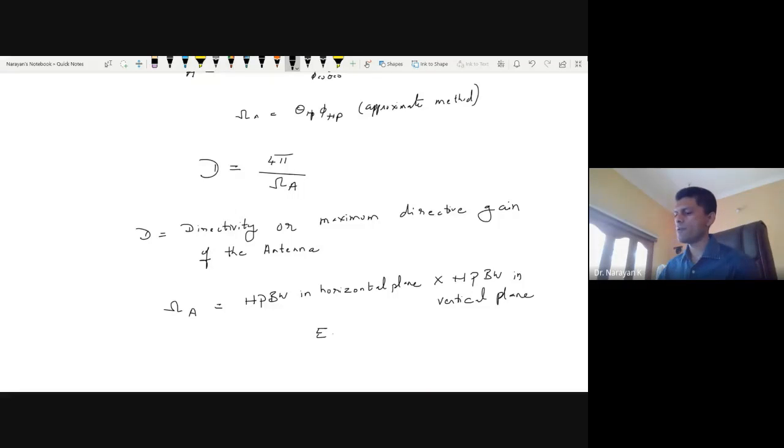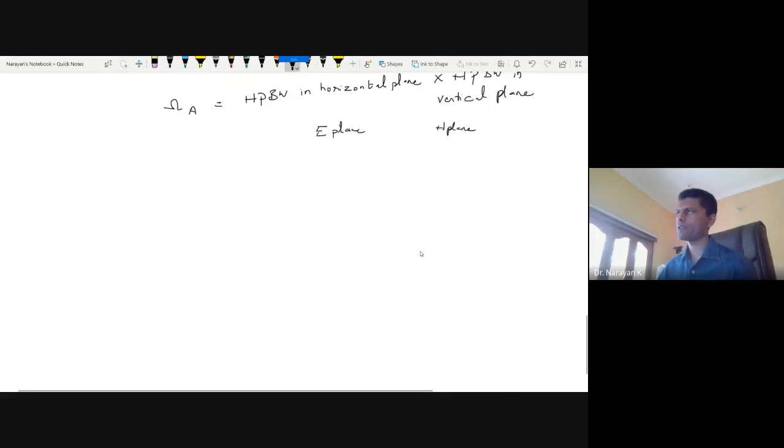This is known as your E plane, H plane; these are two more common terms used in antenna and communication. So this will be theta of HP, the half power beam width in the horizontal plane, into phi of HP, the half power beam width in the vertical plane. This is found using the approximate method. Already we have done problems on this approximate method.